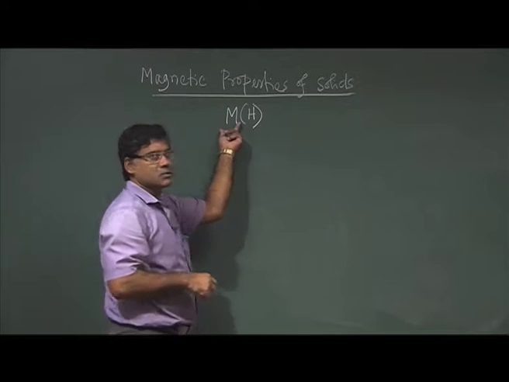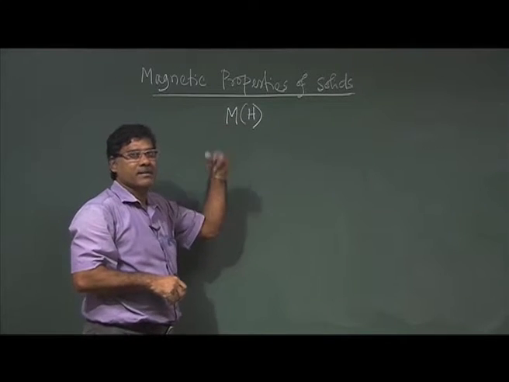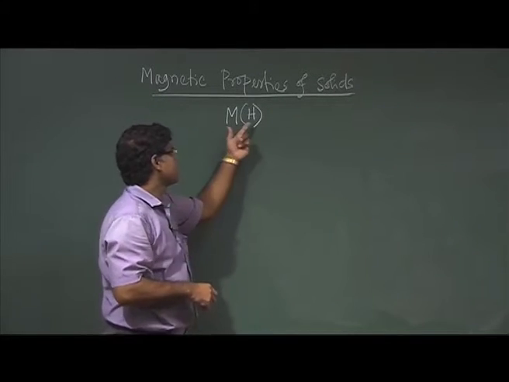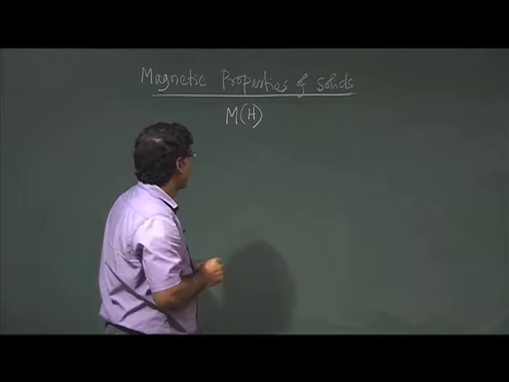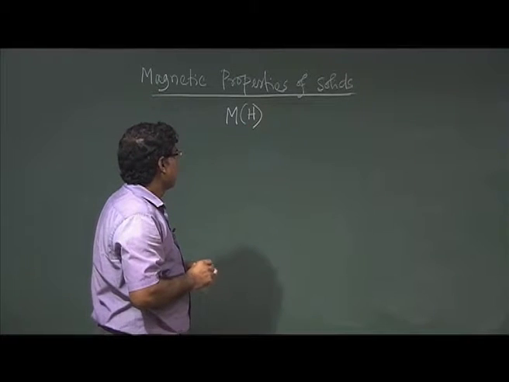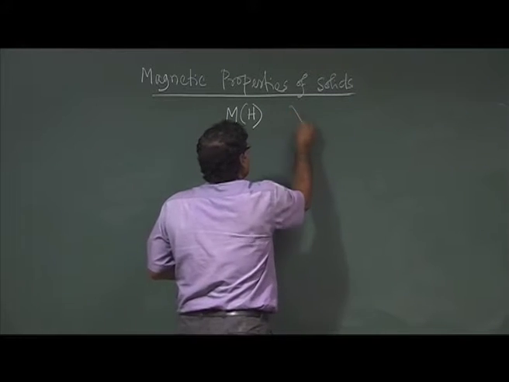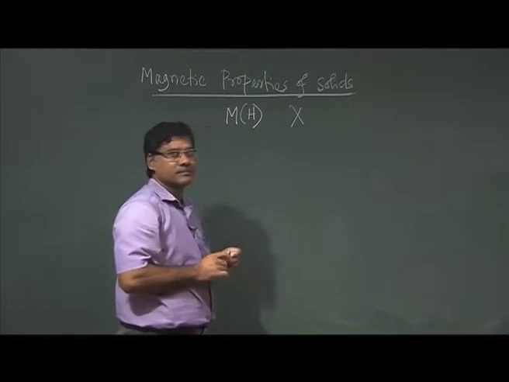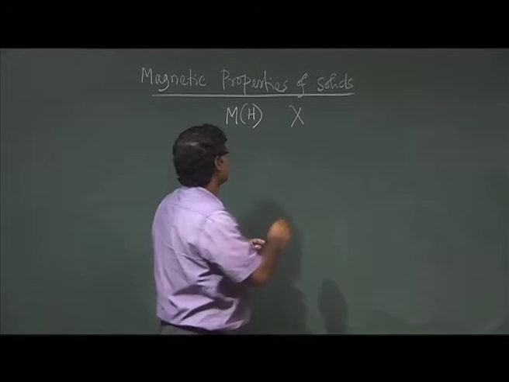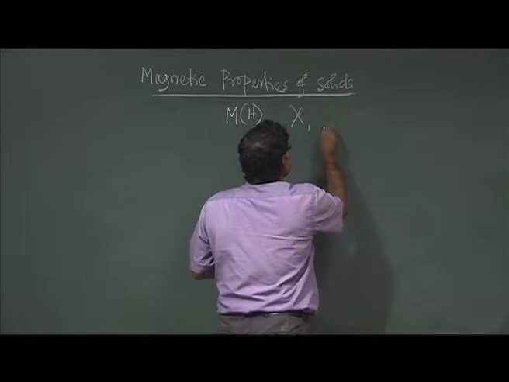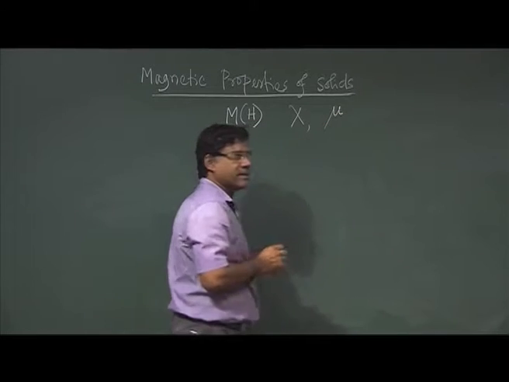So, one should measure the magnetization of that material as a function of magnetic field. And then one can find out chi, and then mu, one can find out the permeability.